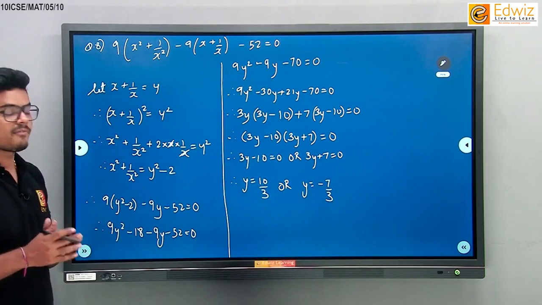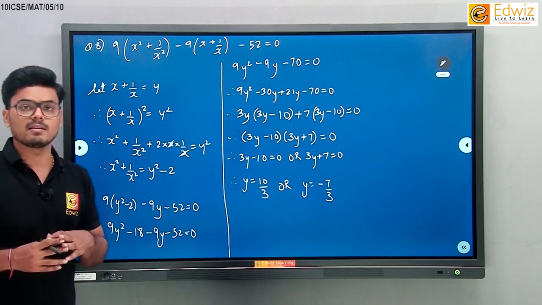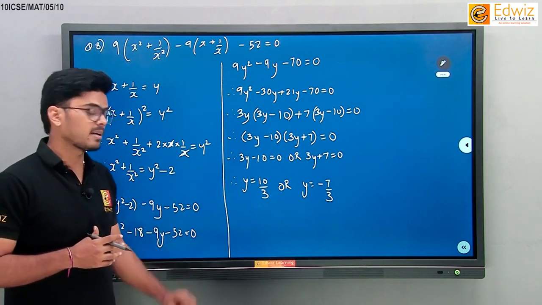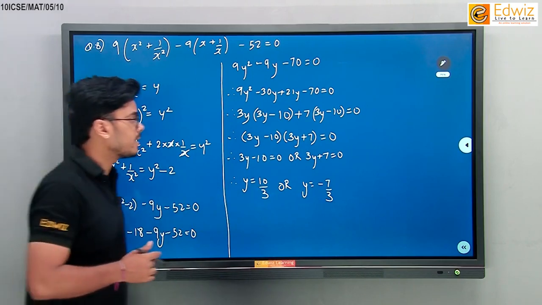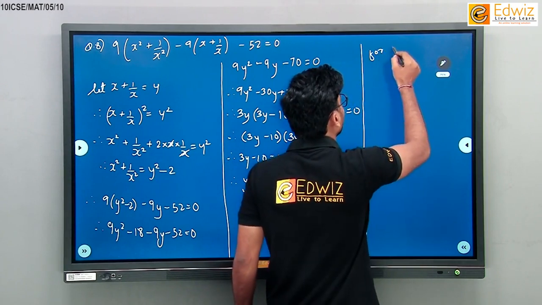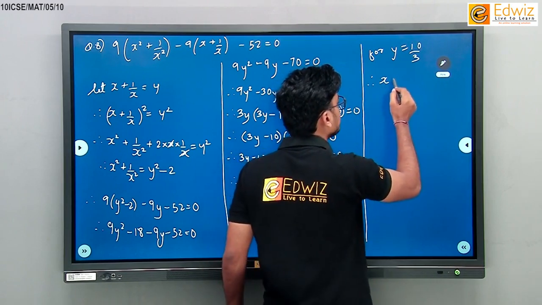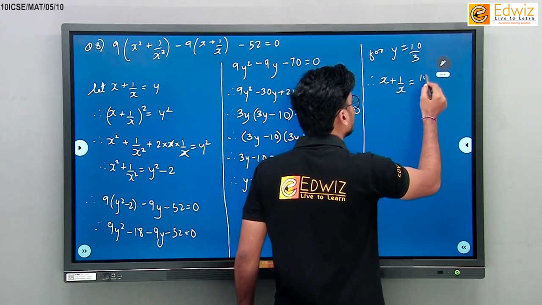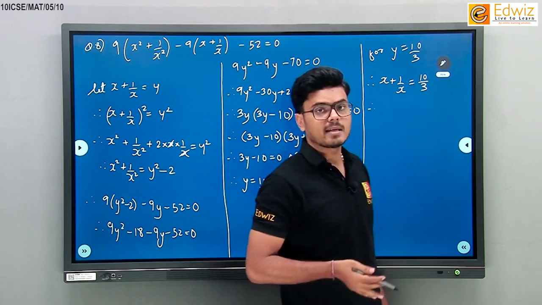But this is not the final solution because we need to resubstitute the value of y in the equation and solve the equations again. So for y equal to 10 by 3, x plus 1 upon x will be equal to 10 by 3. If we simplify this equation, you will get yet another quadratic equation.